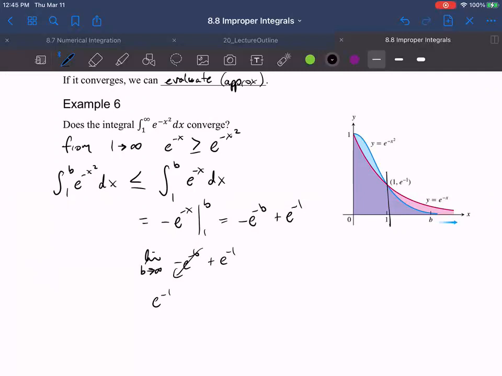Do we know what it converges to? We have no idea what it converges to. We just know that it does.